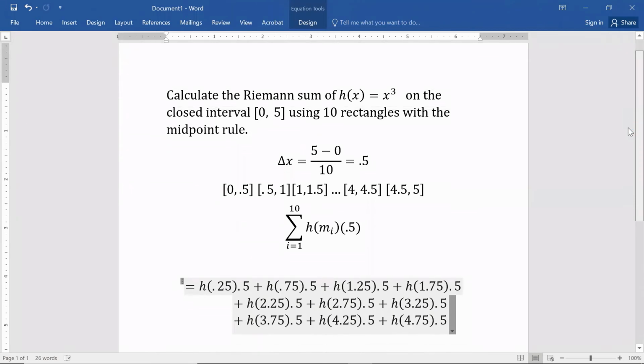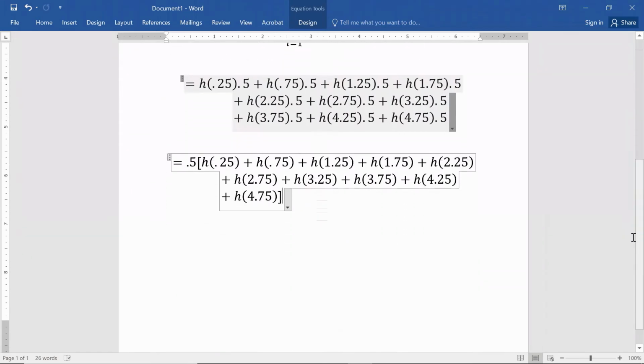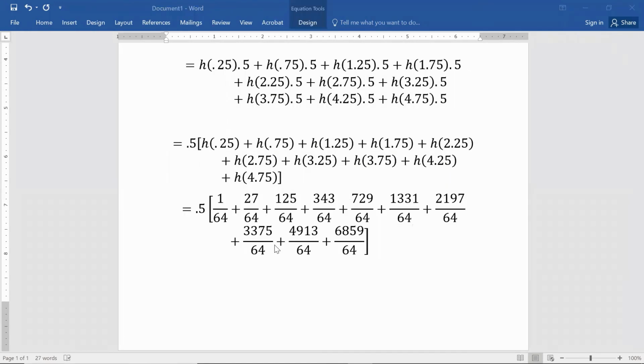Now, I am going to just replace each of these function values with the actual value, meaning when I input 0.25 into the function, it will give me 0.25 cubed, and I'll replace the 0.25 cubed with the appropriate decimal or fraction. And there, I've done it.